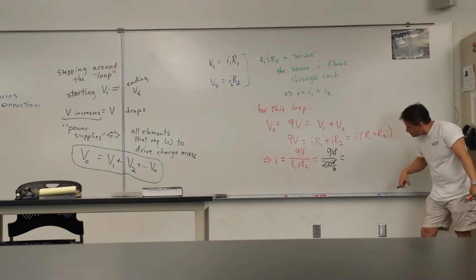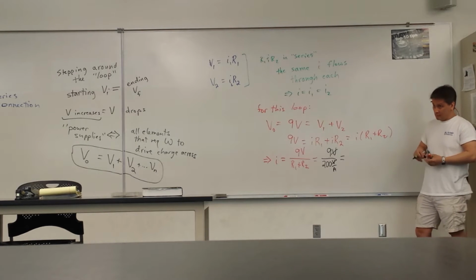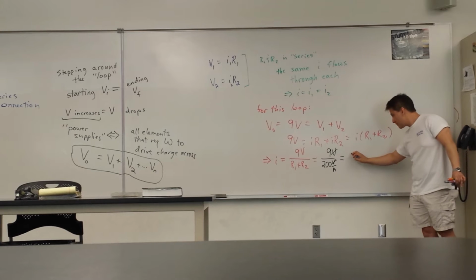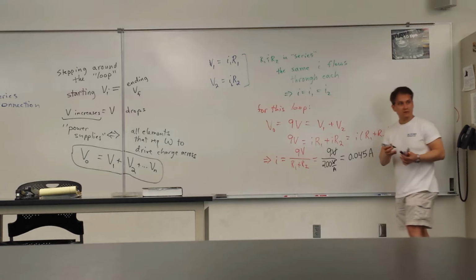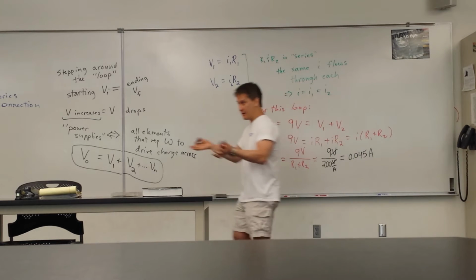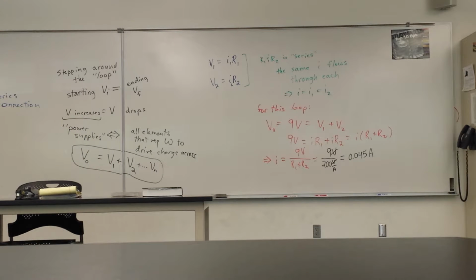45 milliamps. Unless I don't know. Let's just do the math here. Yeah, 45 milliamps. 0.045 amps. For now, I'll just keep it in SI units. Is that reasonable? So that's how much charge is physically flowing around this thing in any second.